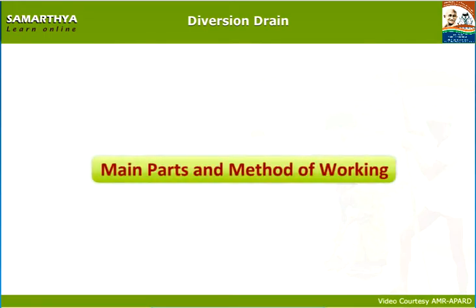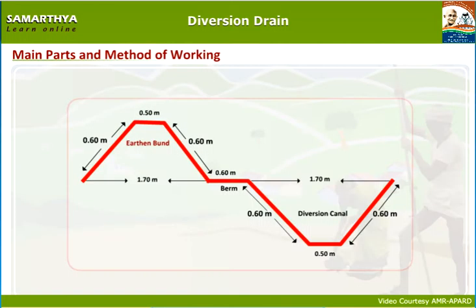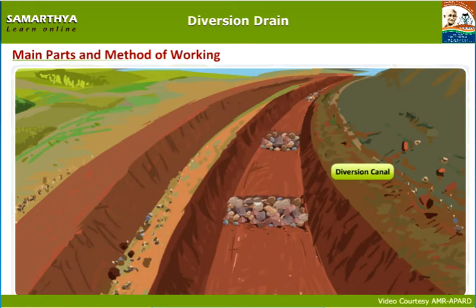Main parts and how diversion canals are useful for the fields. Diversion canal cross-section diagram is shown on the screen. There are two main parts in the diversion canal. From bottom of the hill to the natural stream, with measurements of 1.7 meters top width, 0.6 meters depth and 0.5 meters bottom width.